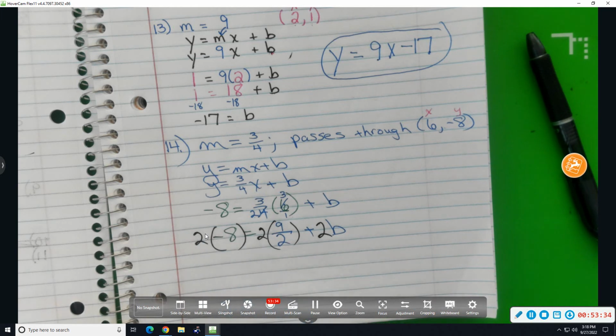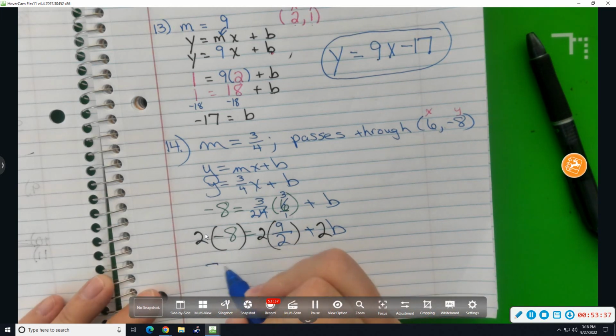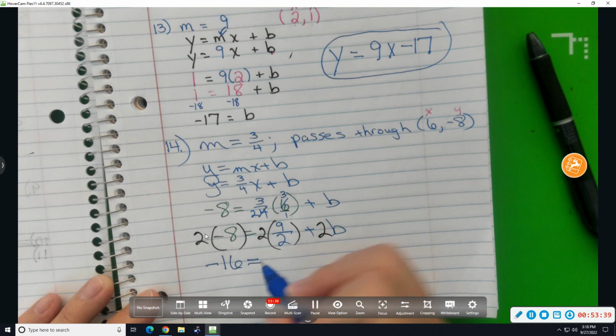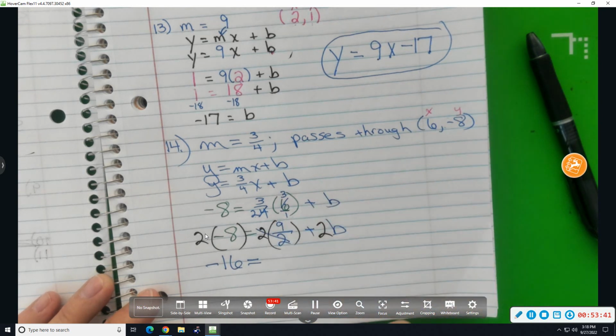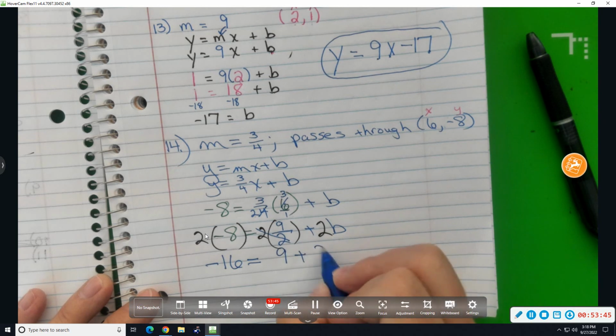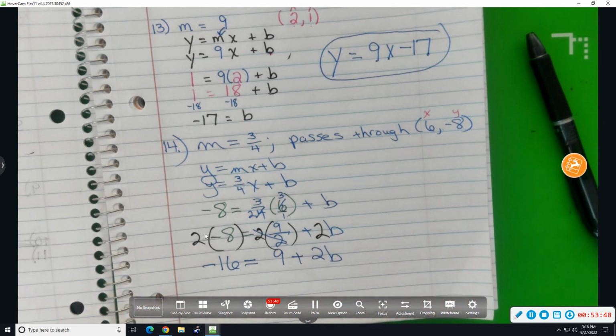So we have negative 16 is equal to 9 plus 2b. We subtract 9 on both sides because we're trying to get the b by itself.